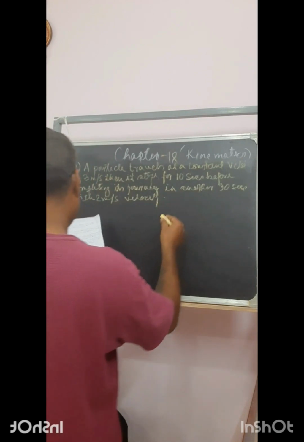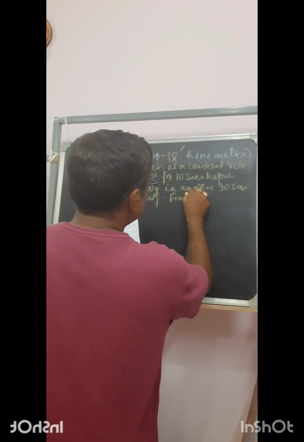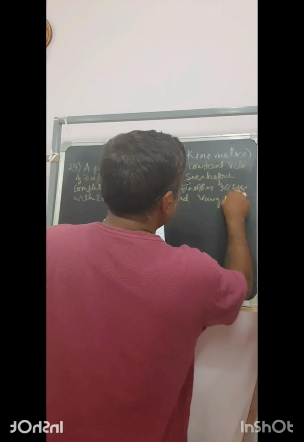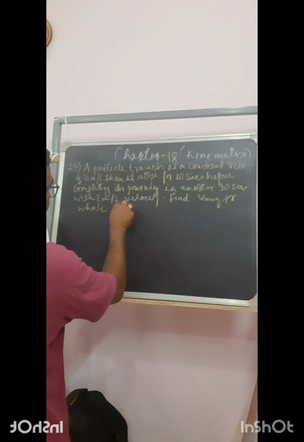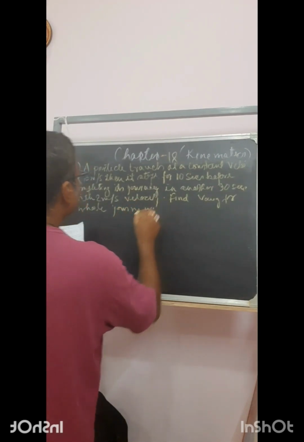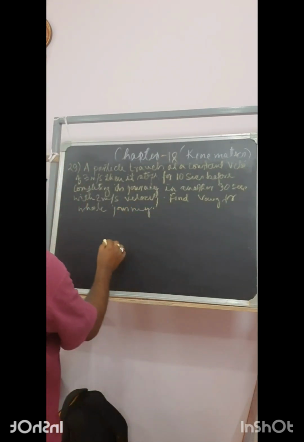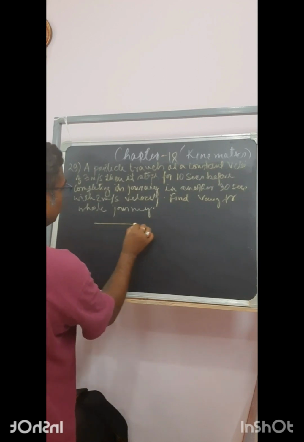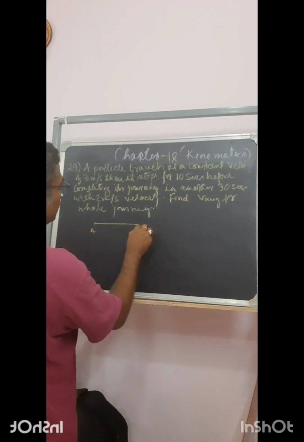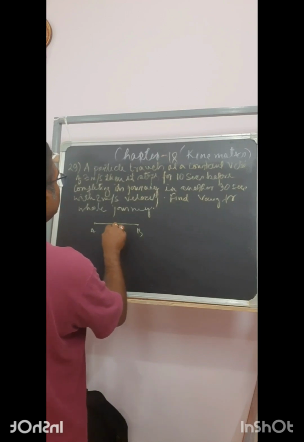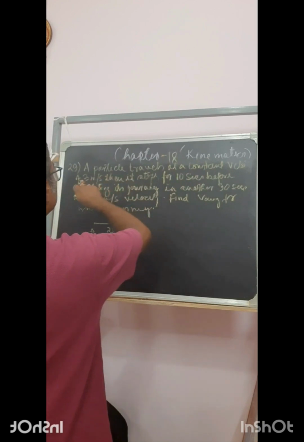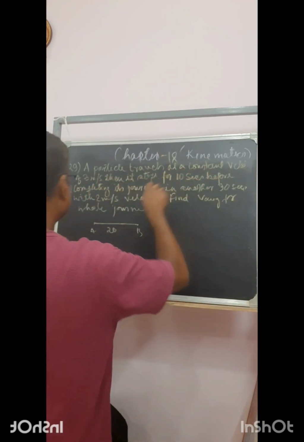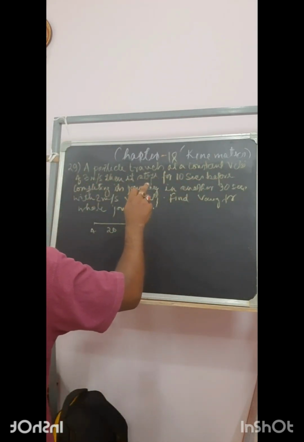So to find V average for the whole journey. Okay, this is the requirement. So it has gone, let's say, from A to B within 20 seconds with velocity 3 meter per second.